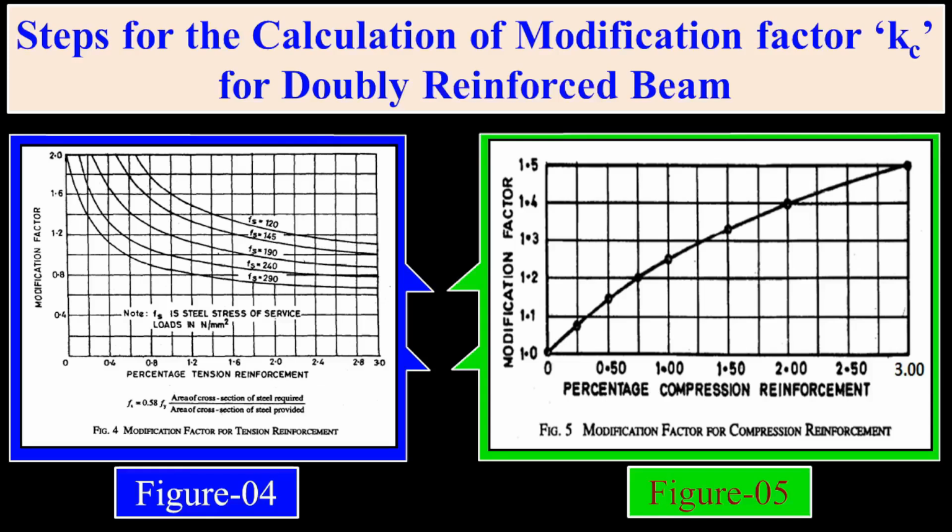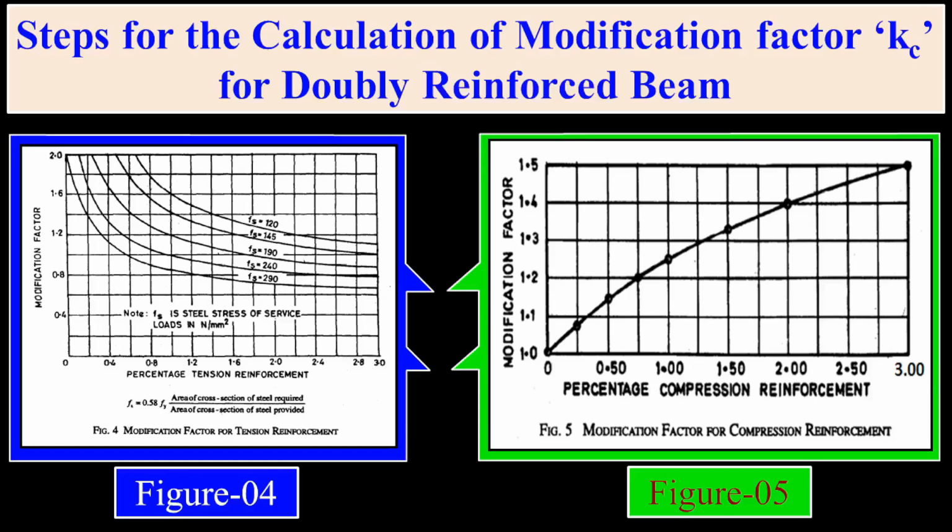To me, this figure is conceptually simpler to interpret than figure 04. In figure 05, the percentage of compression steel, PC, is plotted along the x-axis, and the corresponding KC factors are plotted along the y-axis.